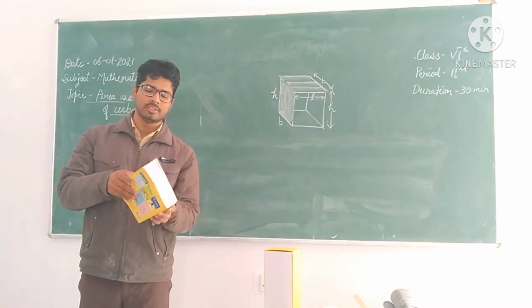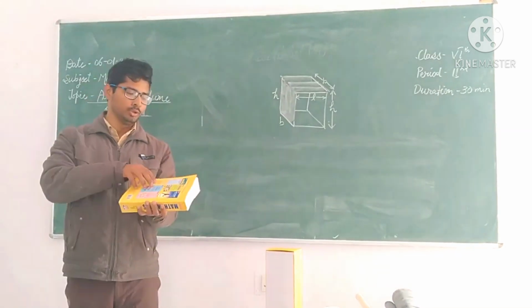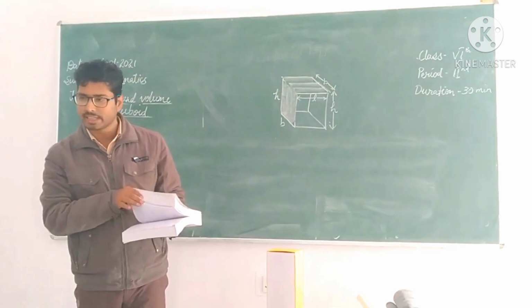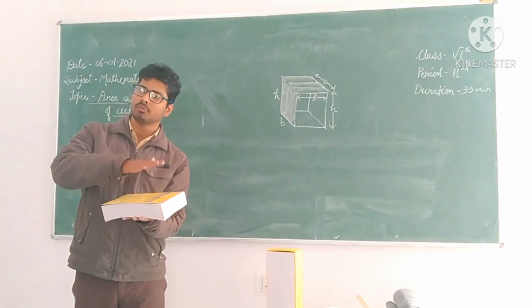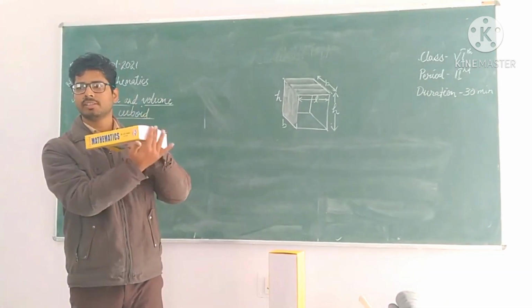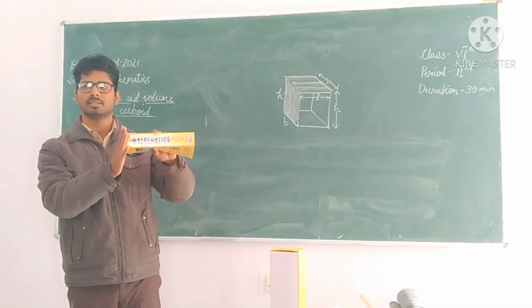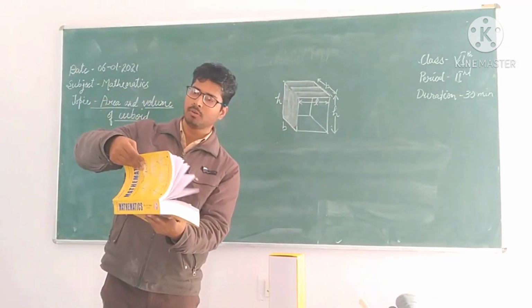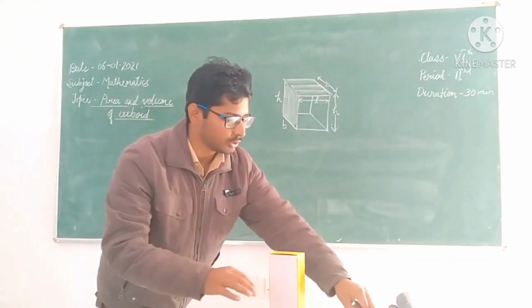So you can see this book as numerous rectangles stacked on each other. Each page is a rectangle and it is stacked one on other. So it is seen as a cuboid. A cuboid is seen as a stack of same rectangles. As this book is made up of pages, it is a cuboid.